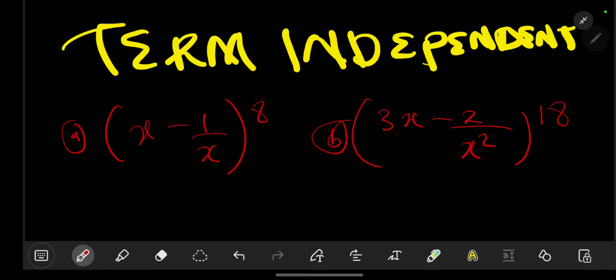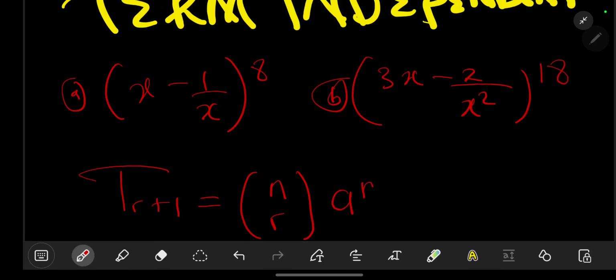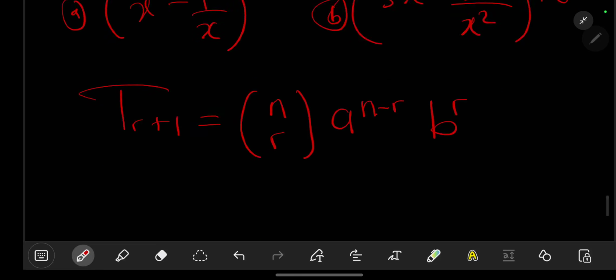Firstly, when you're looking at the term independent, we are looking at a term without x. So we have a famous formula which is our T_(r+1). I will explain. It should be equal to n combination r, then we are going to have our a^(n-r) b^r.